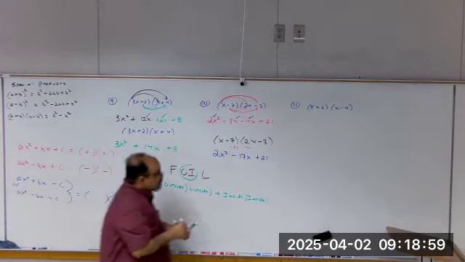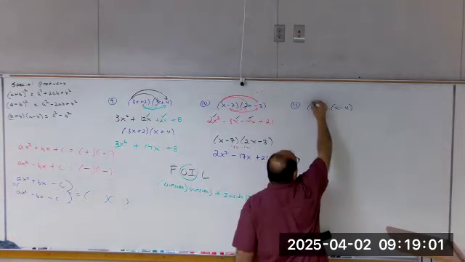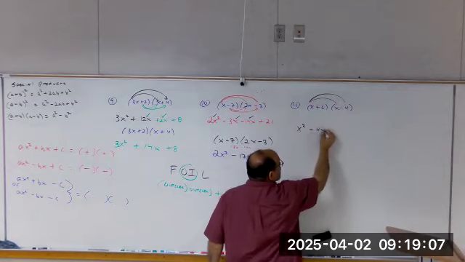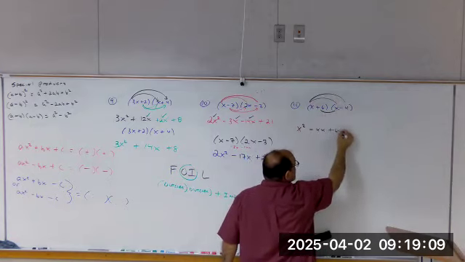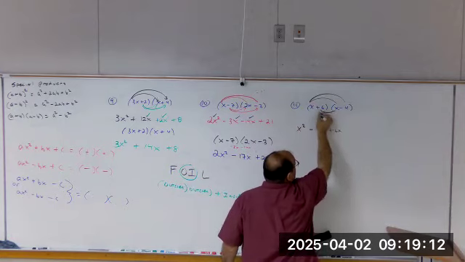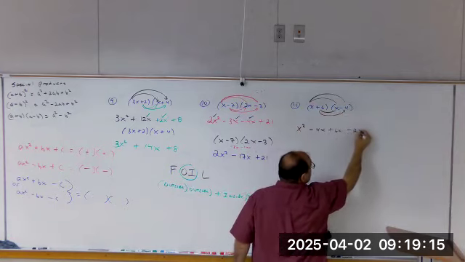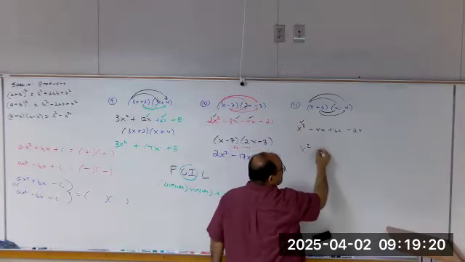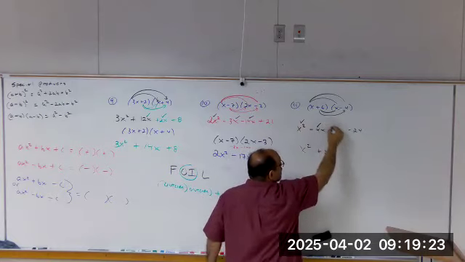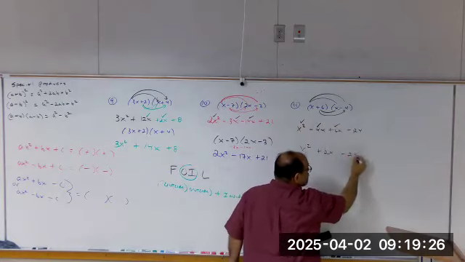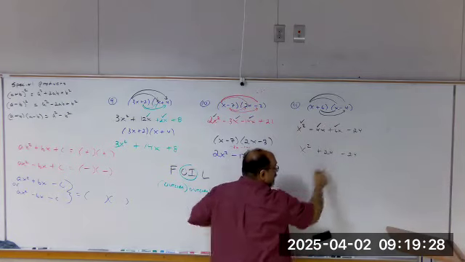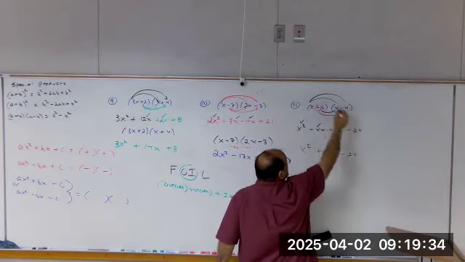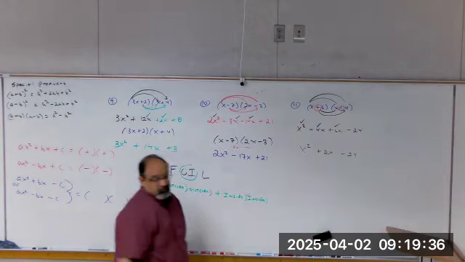When I multiply this together, I get x squared minus 4x plus 6x. But here's what you're looking at. Positive 6 times negative 4 is a negative 24. Negative 4x plus 6x is going to be positive 2x. But it's a negative 24. This is the only way to get the last term negative. To get a negative last term, these two signs have to be opposite, have to be different.